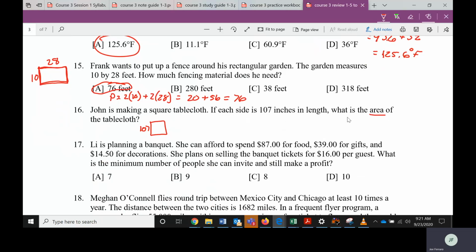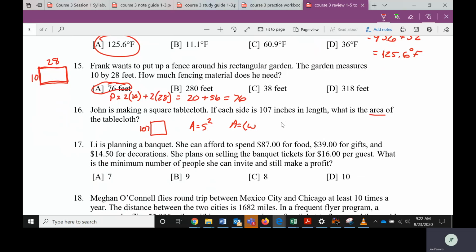If you didn't know that, you're still dealing with a tablecloth which covers the square, and when you're covering an area, that stands for area. Okay, so there's two ways you could do this one. They did tell you when a square, you could go side squared, or the formula is still the same as a rectangle. It's still length times width, just that both are the same right now.